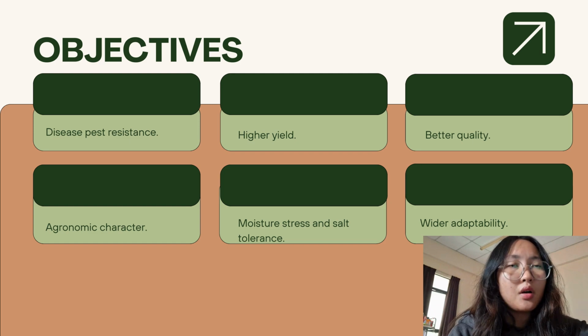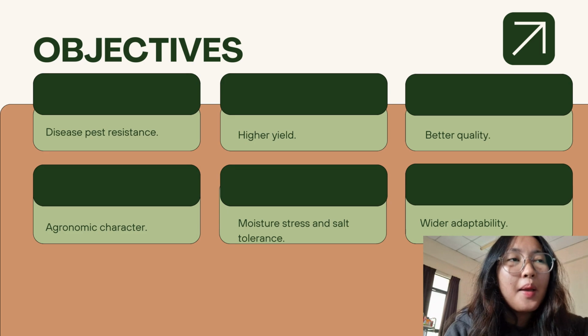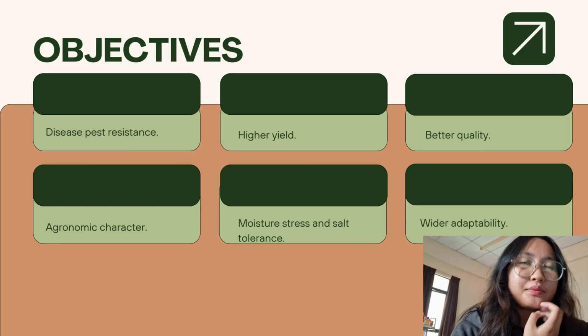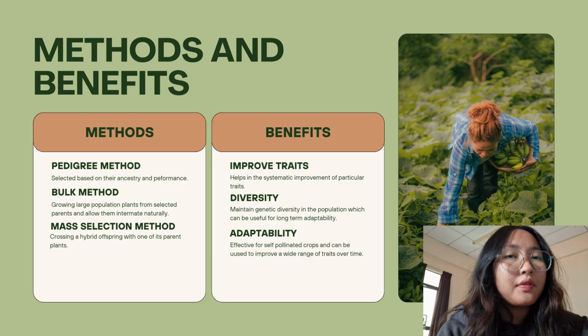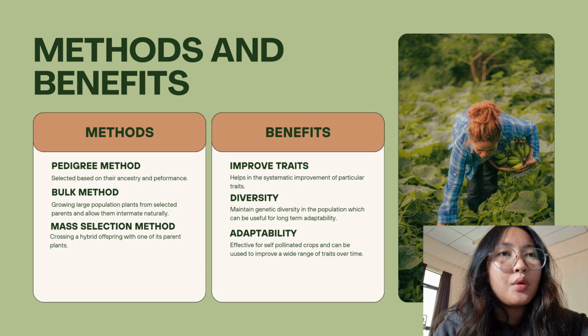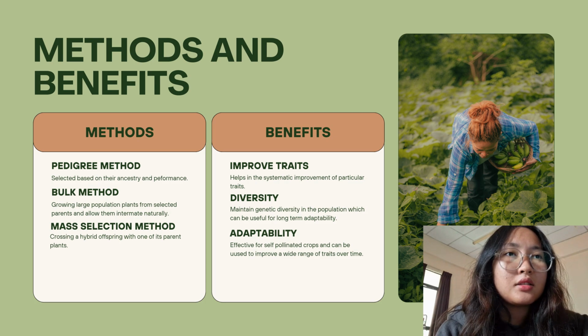The objectives of self-pollination are disease and pest resistance, high yield, better quality, agronomic character, moisture, stress and salt tolerance, and wider adaptability. The methods of self-pollination are the pedigree method, which selects based on ancestry and performance.